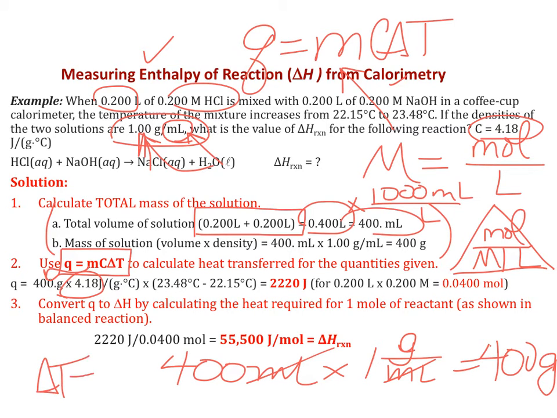Remember, it's final minus initial. The final temperature is 23.48. The initial is 22.15. So if you multiply all those together, you get that the heat produced from this is 2220 joules.